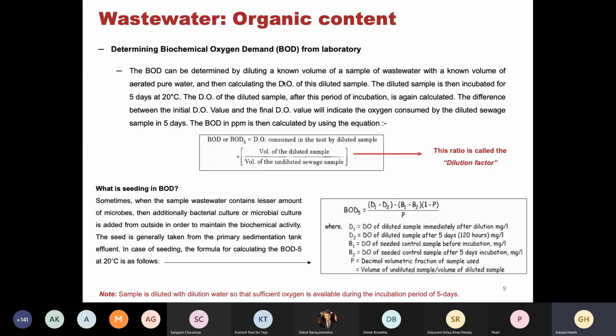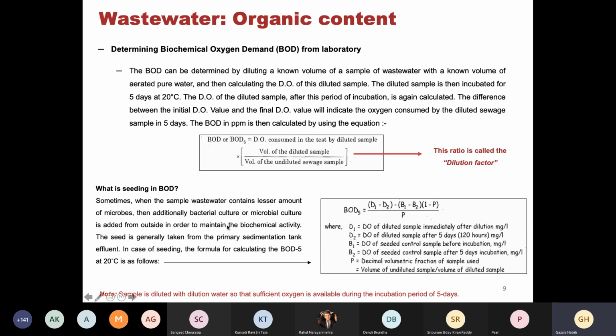Initial DO will be high, because at that time dissolved oxygen is not yet consumed by bacteria. After 5 days, the bacteria will consume the dissolved oxygen to convert the organic matter into harmless compounds, and then DO will be lower. The difference between initial and final DO multiplied by the dilution factor gives us the BOD after 5 days.